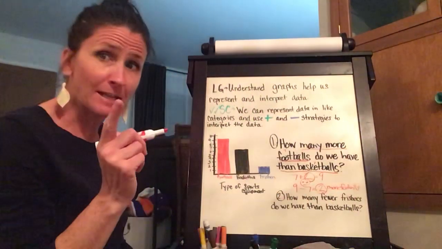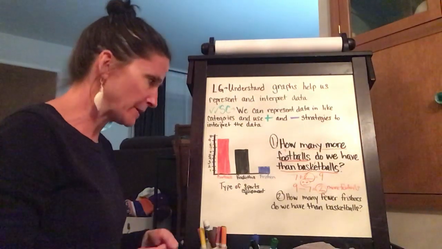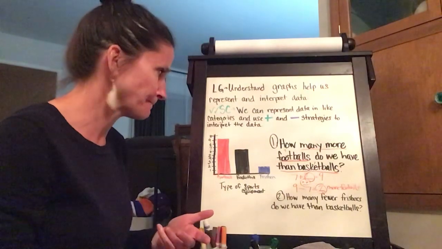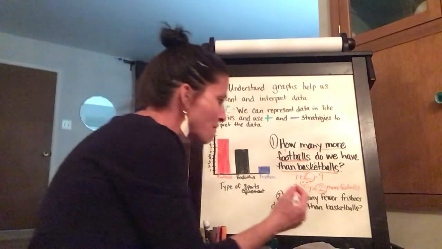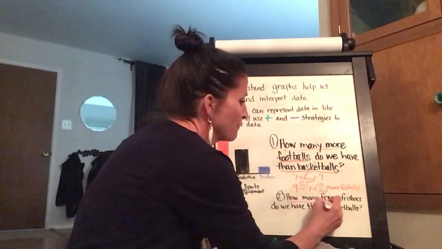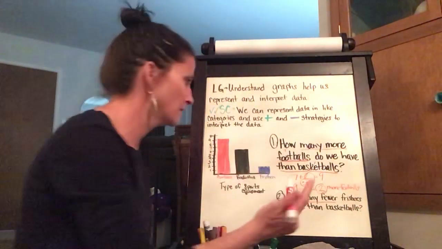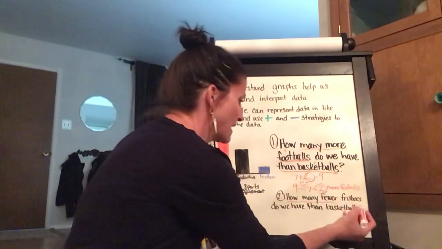All right, my next question. How many fewer frisbees do we have than basketballs? I've got to read it twice, right? You know that, Falcons. How many fewer, when I think of fewer, I think of less, frisbees do we have than basketballs?